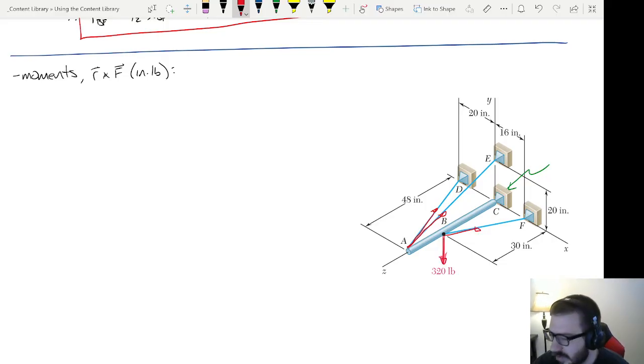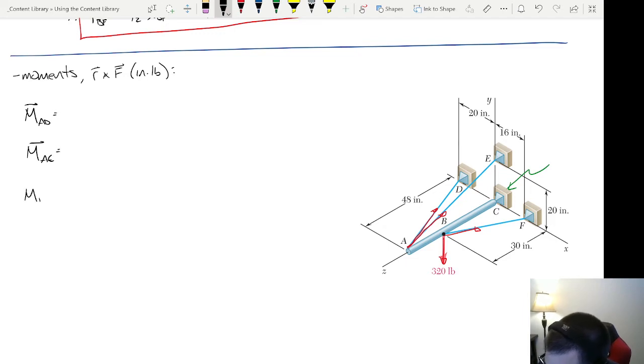So what I would argue is that there are 4 moment vectors that we're going to need to compute.